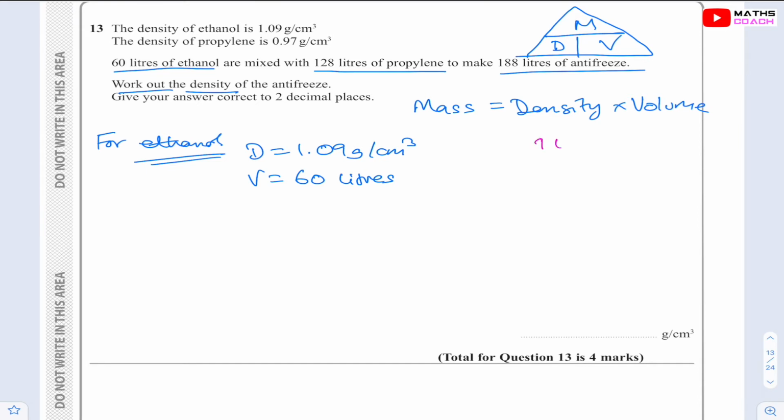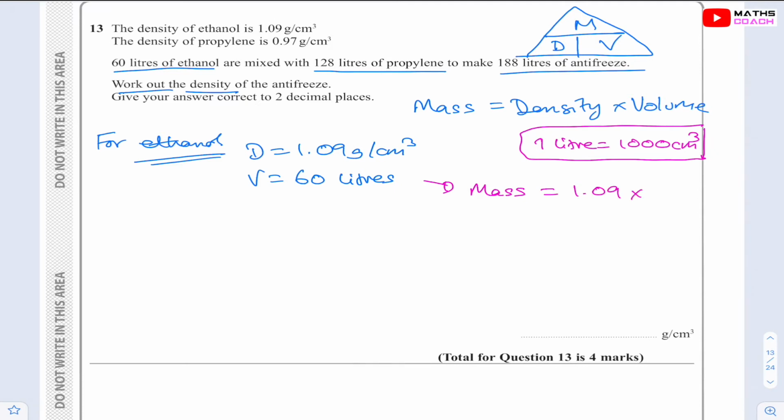So therefore 1 liter is equal to 1000 centimeter cubed. So let's make a little note of that right there. Okay, now for ethanol, to calculate the mass, we use density times volume. So it would be 1.09 times by the volume. Now our volume is in liters.